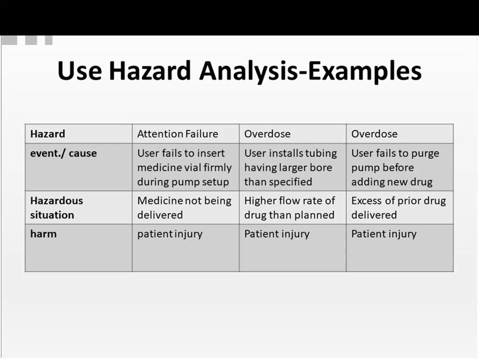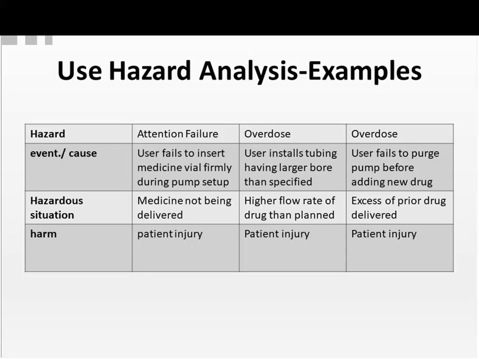Or a second hazard would be overdose. The event or the cause, user installs tubing having larger bore than that's specified in the information for use. The hazardous situation, there would be a higher flow rate of drug than planned. Harm again, patient injury.